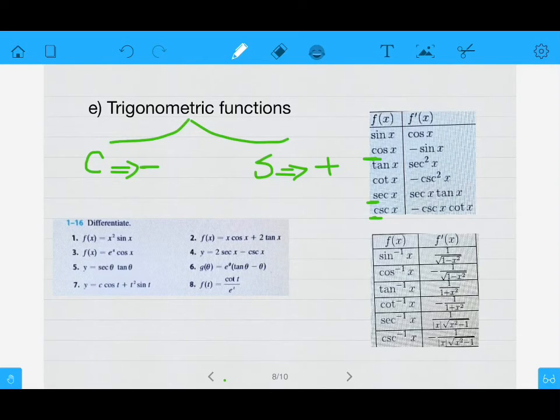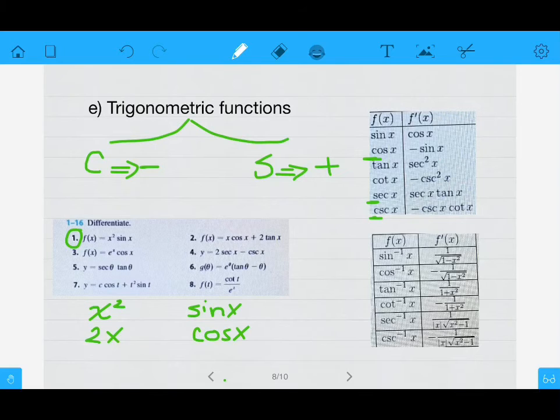Now we will solve the first one. What do we have? Since we have multiplication, we have these same things. We will derive x squared and sine x. We will do the same. We have 2x here, and sine becomes cosine. Remember, S is positive, so I put it positive.